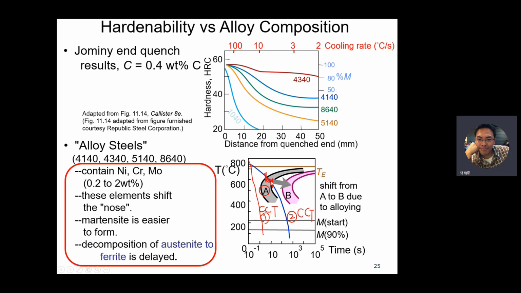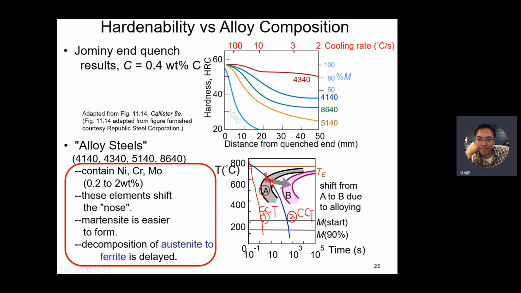If some alloying element is added in this steel, the TTT curves will shift from A to B. So what does that mean for the CCT curve 2? What kind of structure will form if this TTT curve shifts from A to B?